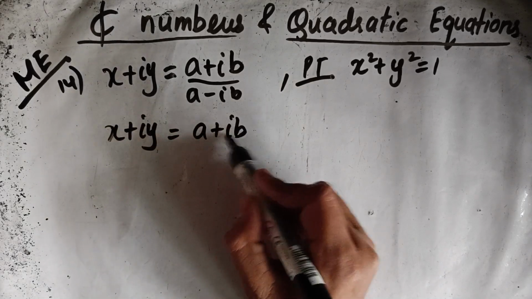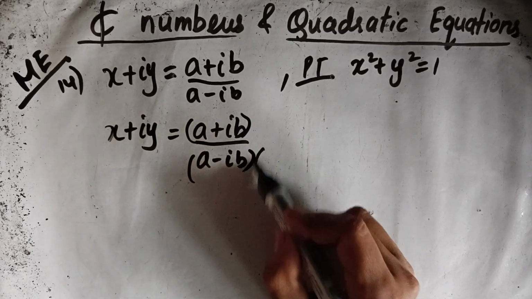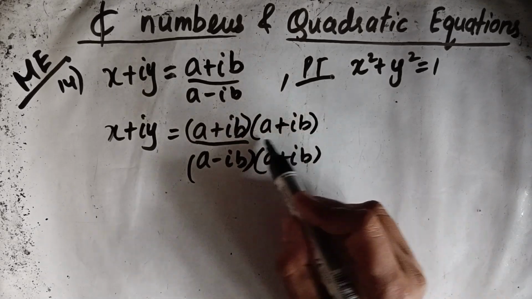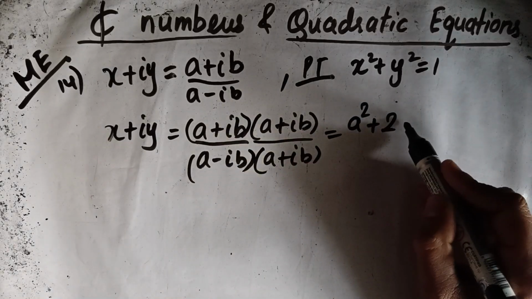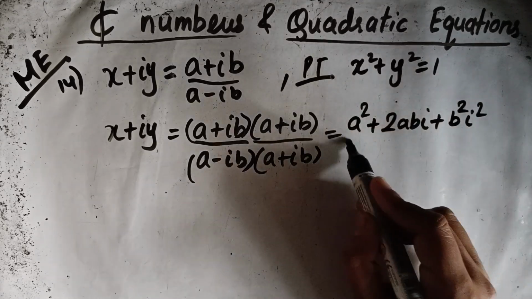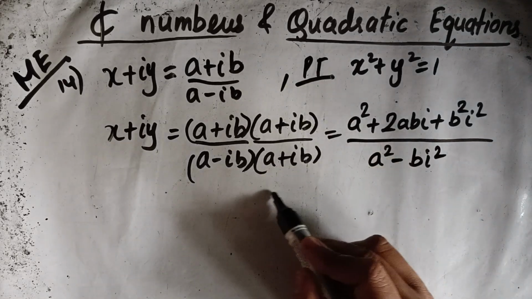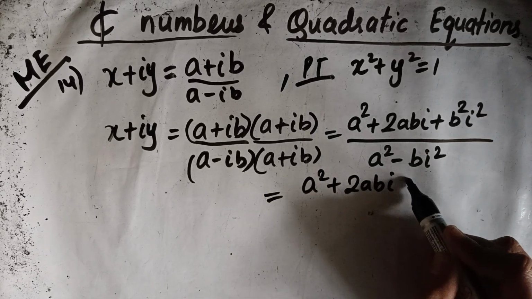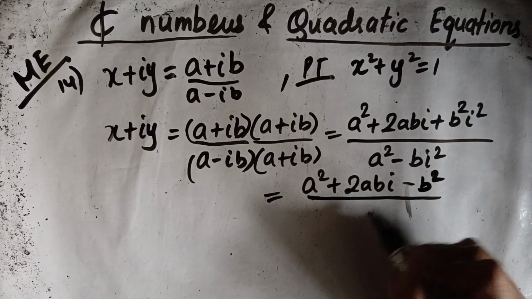Multiplying by this, we get (a plus ib) the whole square: a square plus 2abi plus i square b square, upon a square minus i square b square, which is a square plus b square.